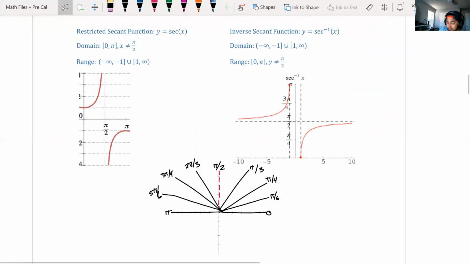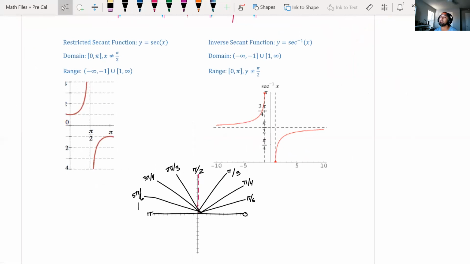So that's where your inverse secant function lives: everywhere in the first and second quadrant except at pi over 2.